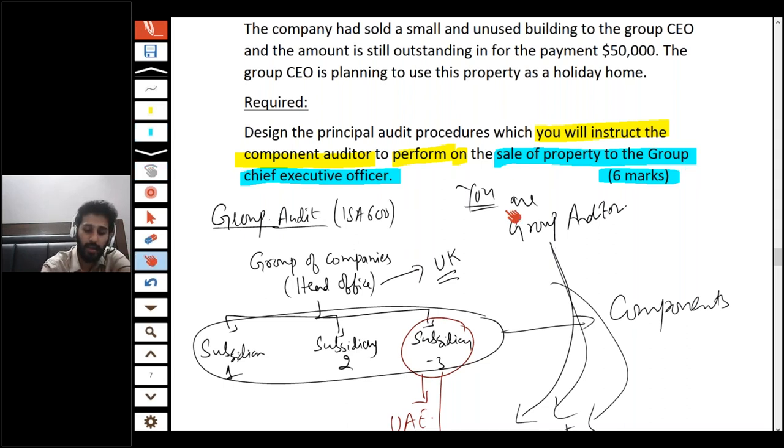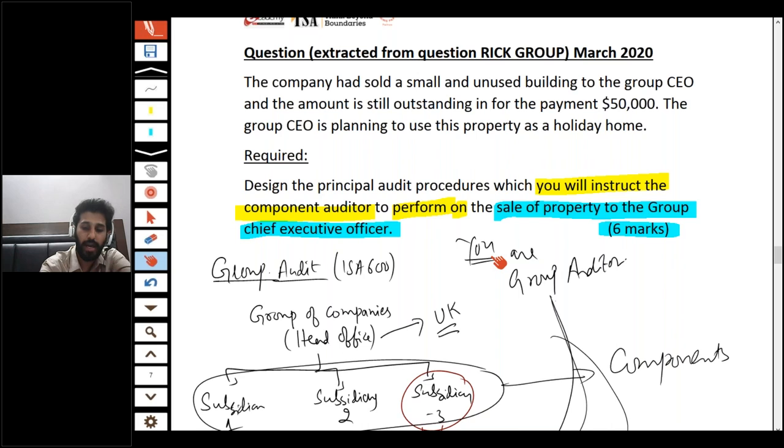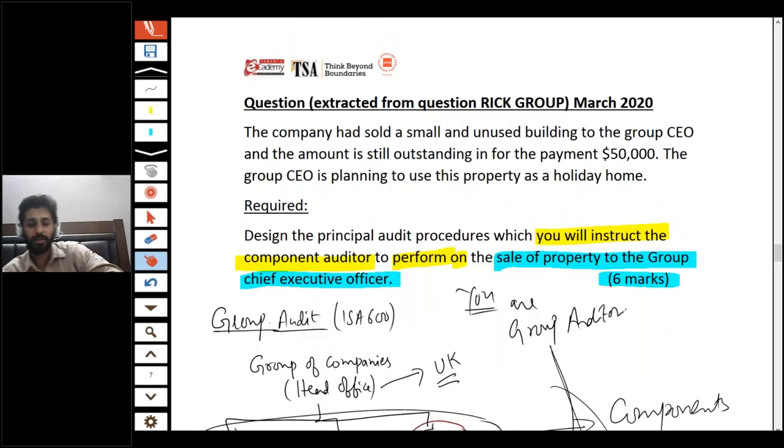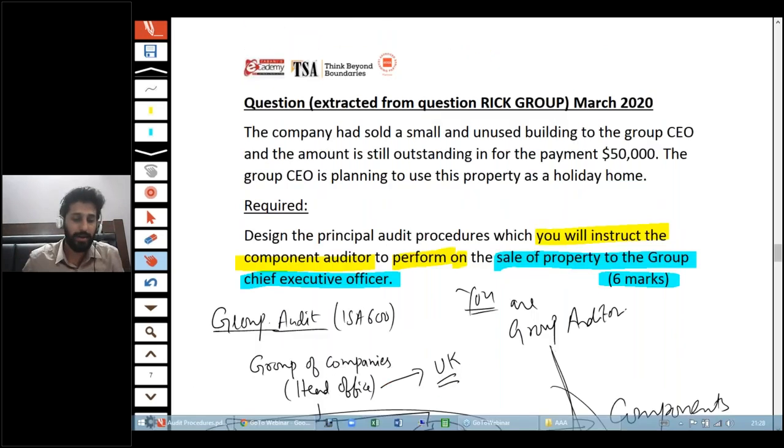Now read this with active attention. By reading this, first tell me which accounting standard is actually applicable in this case. The accounting standard, not the audit standard.